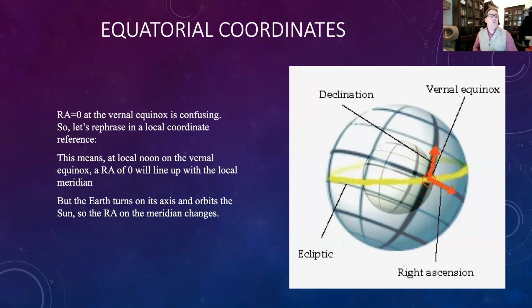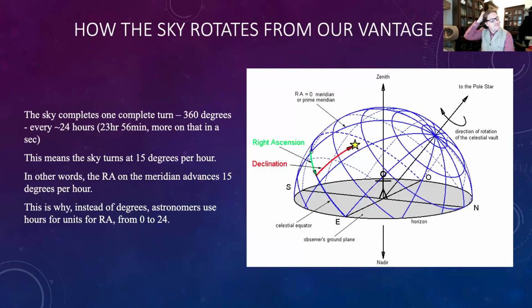So if you had 1 minute of right ascension, that actually corresponds to 15 minutes of angle. So it is vitally important if you want to convert from one thing to another in terms of degrees.